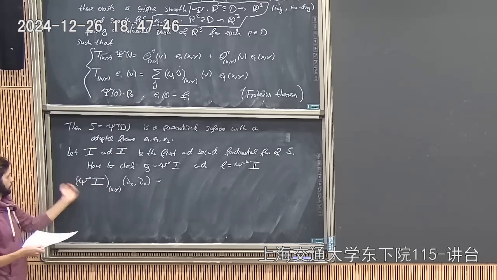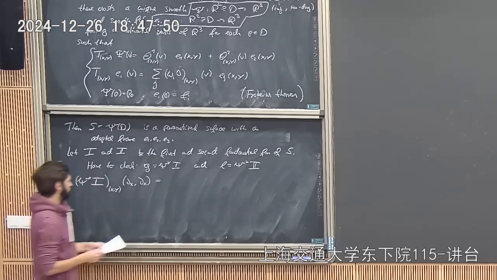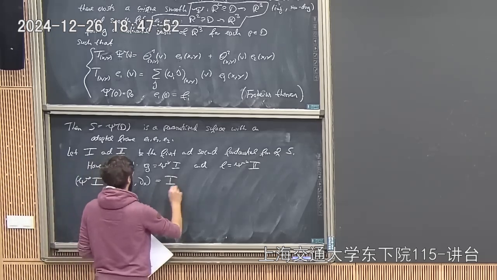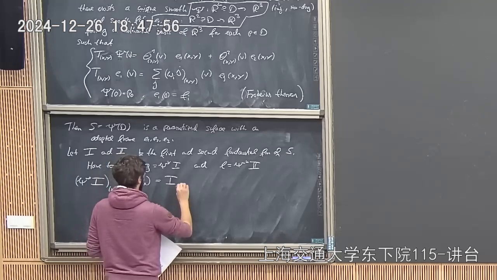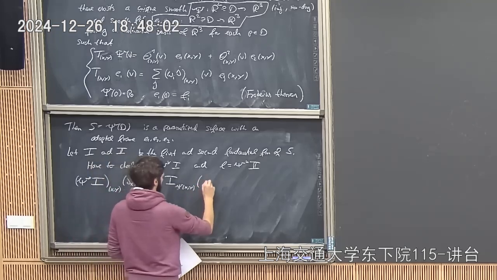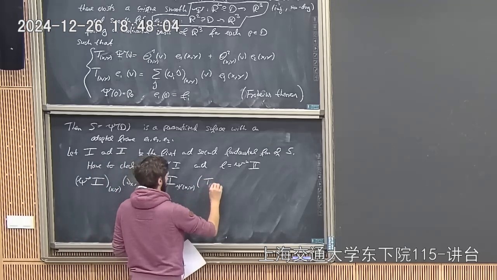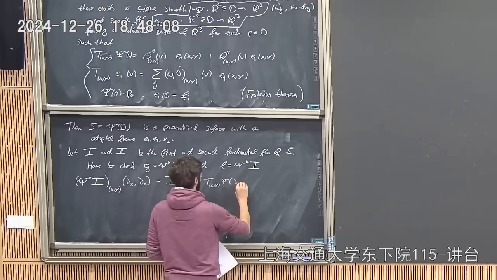There's nothing else I know about this left-hand side. So I expand what it means to be the pullback, which means we evaluate the first fundamental form at that point, and we have to take the derivative of the map in the x direction.